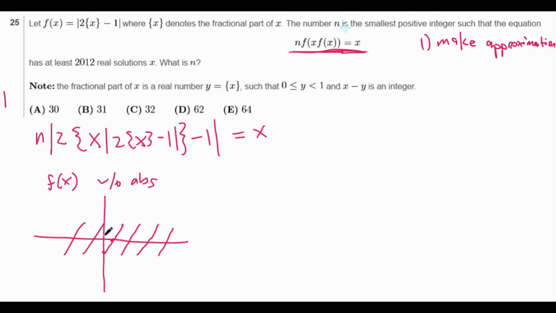Once we take the absolute value, we get a multiple triangular shape, where the base of each triangle is 1 and the height of each triangle is 1. I'll draw it in a different color. This is the graph of f(x).